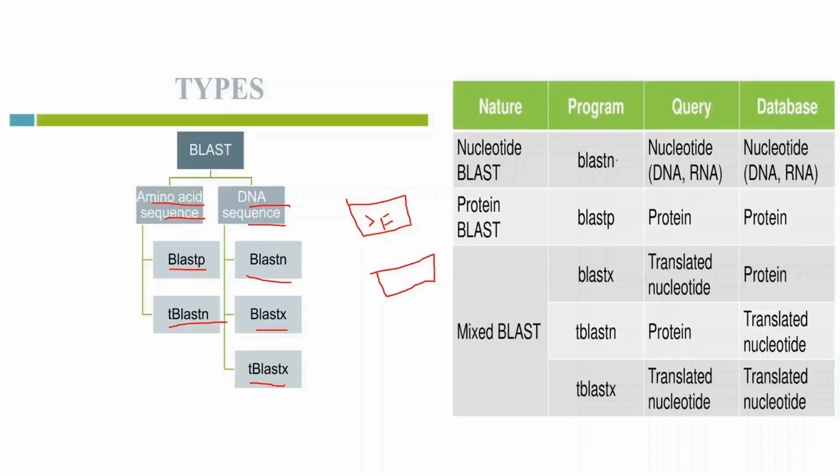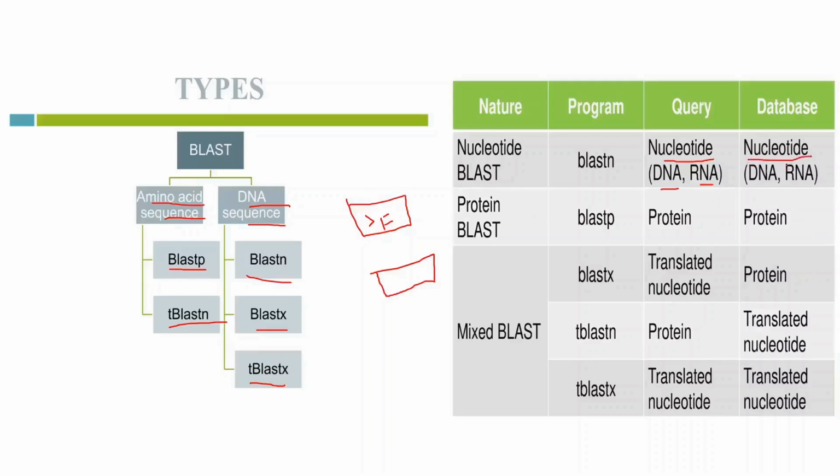So the first one is BLASTN. In BLASTN the query sequence is nucleotide. This nucleotide can be either DNA or RNA. It will search against what kind of database? It will search against the nucleotide database.